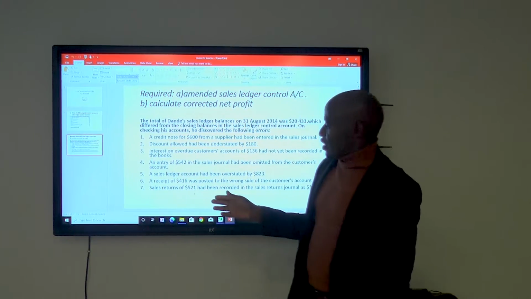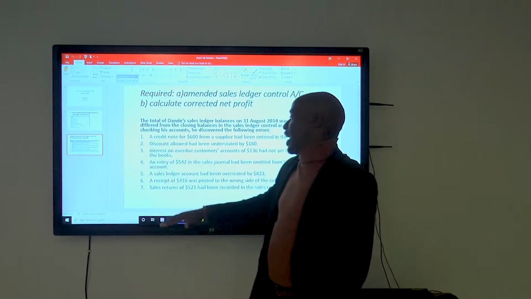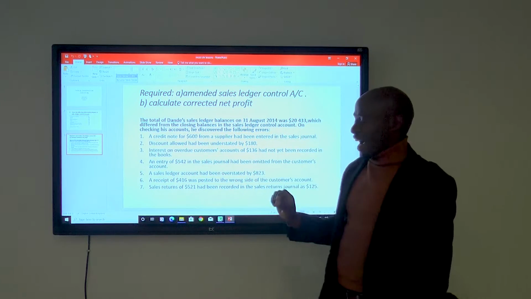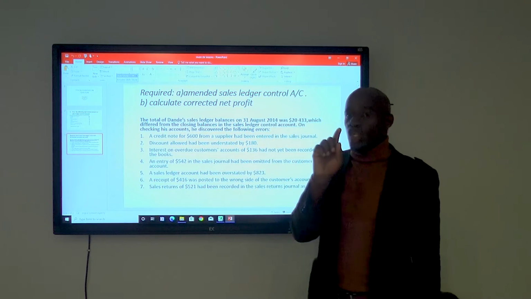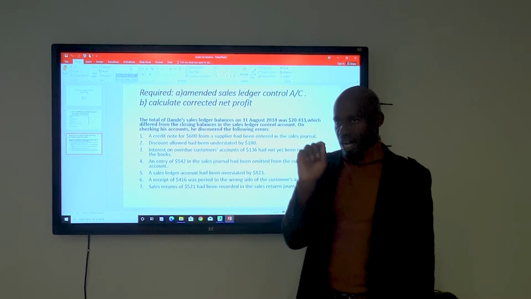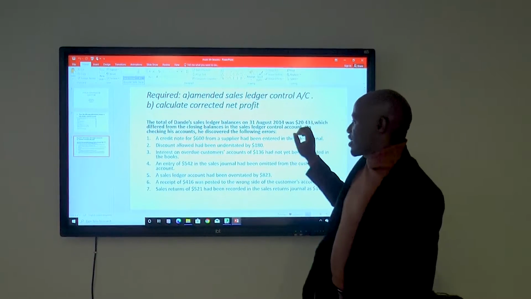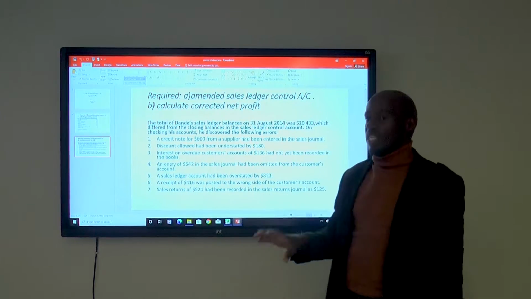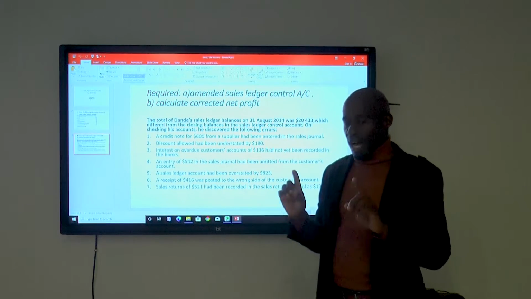Now, as you embark on this journey of correcting errors, you need to note that an error which only occurs in the customer's account does not affect the total account. Get this right. An error which occurs in the customer's account or in a personal account will not affect the total account.